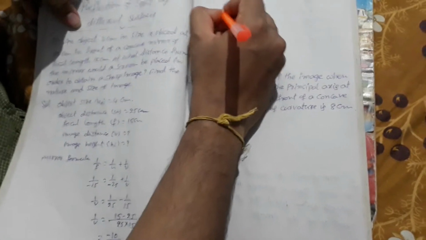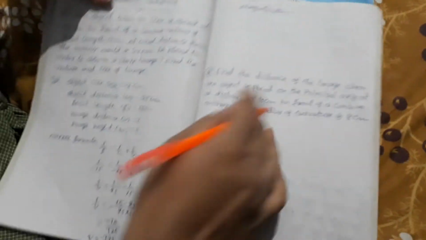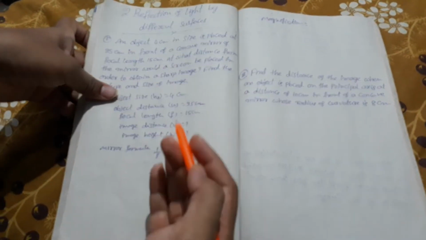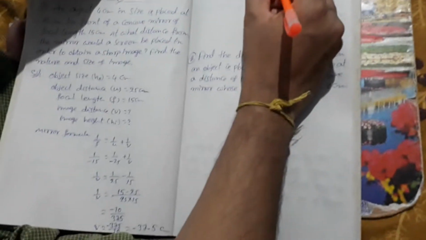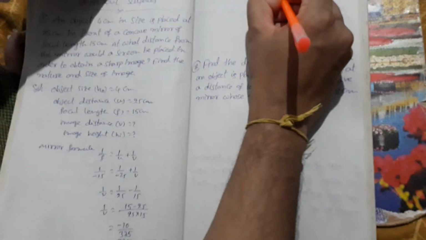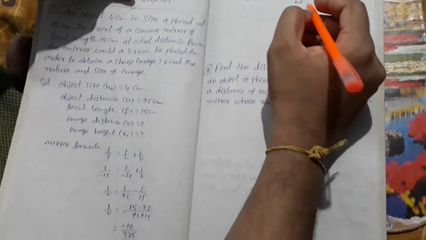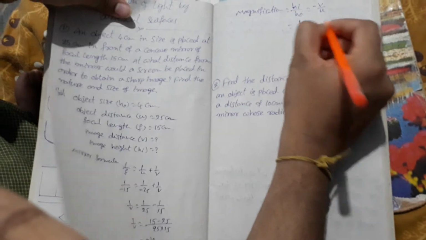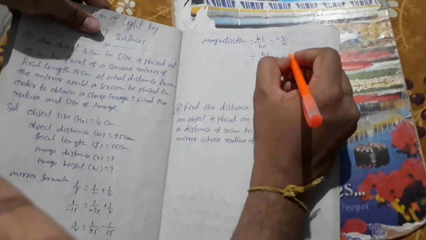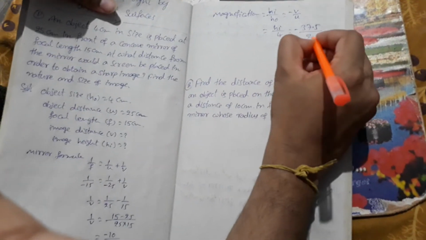Next one, magnification. Magnification is used to find the image height. Here magnification is minus HI by HO equals minus V by U. Here HI is our requirement, so HI by HO, where object size is 4, equals minus V, that means 37.5, by U, object distance is 25.